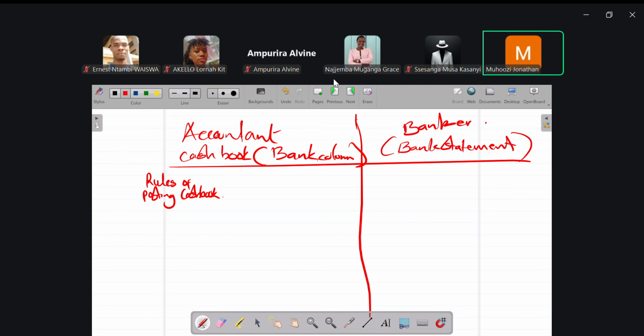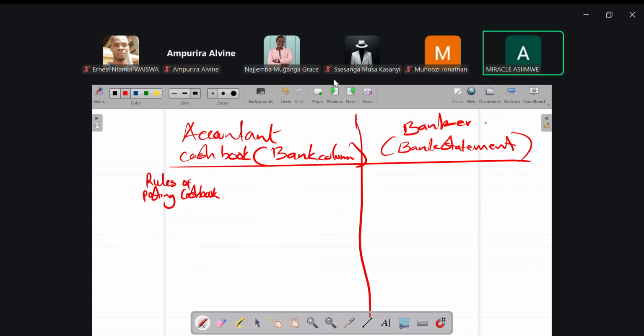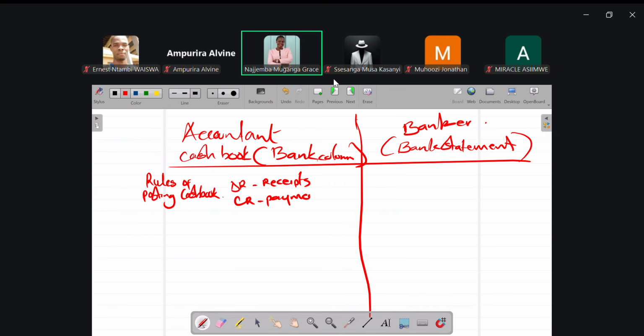In the cash book, we debit receipts and credit payments. Okay.